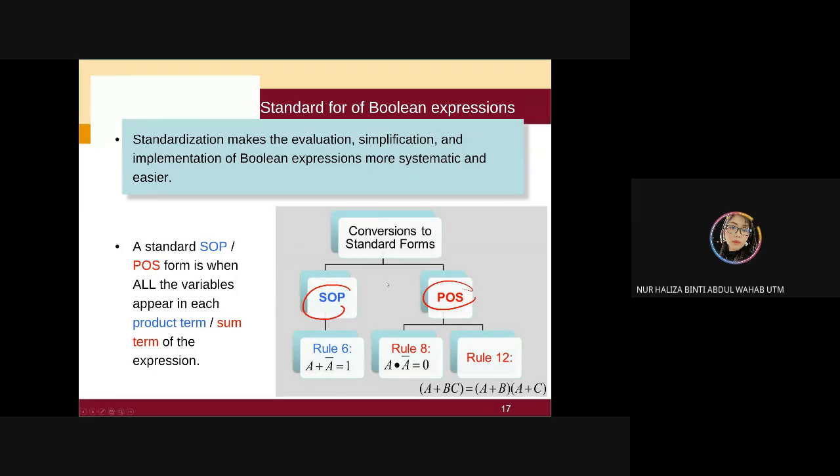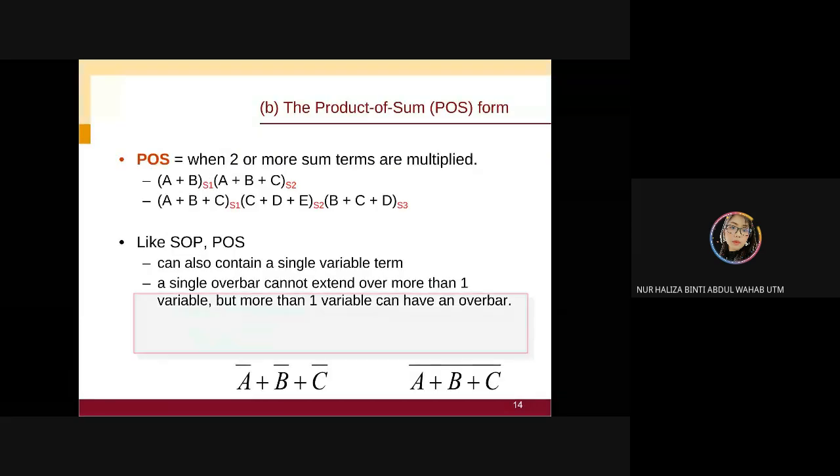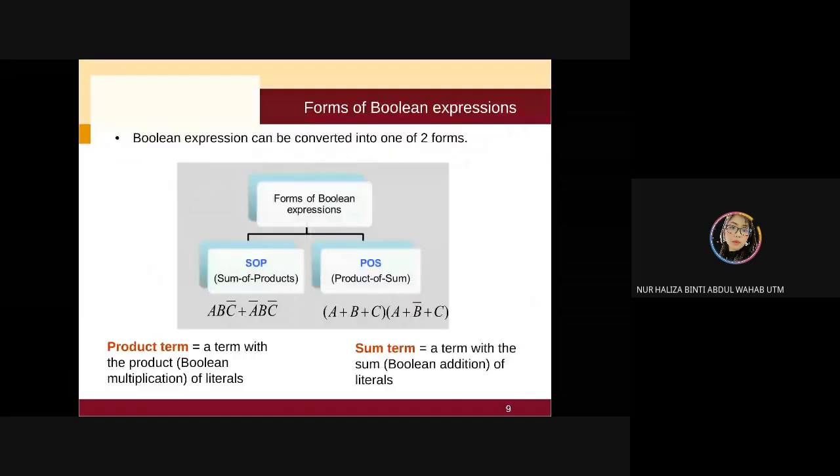So here we're going to focus on our Boolean expression. Last time we normally used SOP. What is SOP? Go back to your previous slide. We know that SOP is sum of product and POS is product of sum.